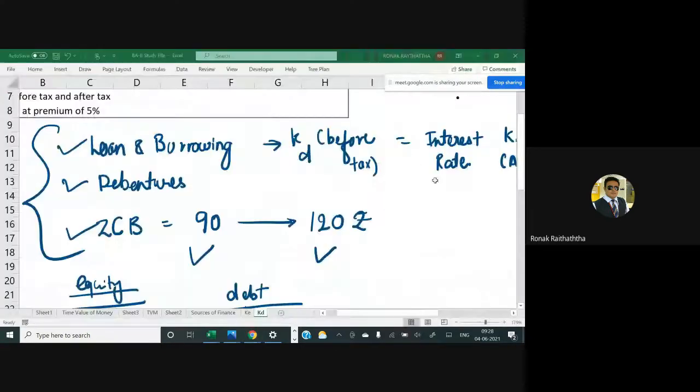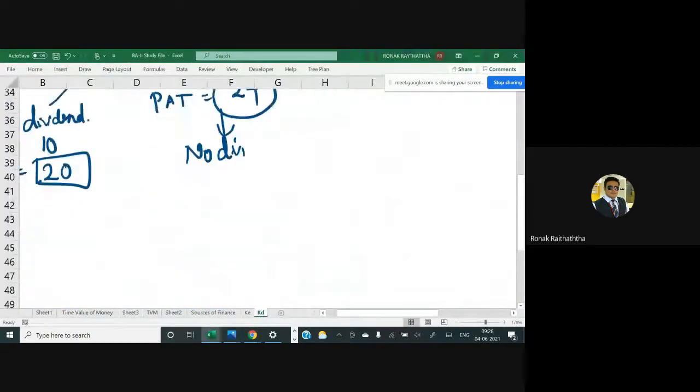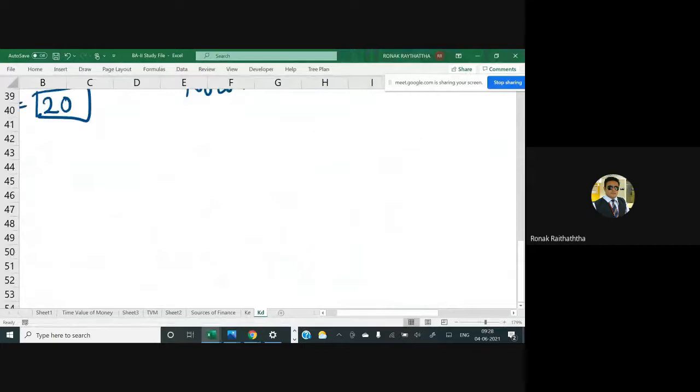Let's move ahead. Now it comes to debentures. In that case, my friend, the problem is that this debentures might be redeemable, might also be irredeemable, this bond or debentures.